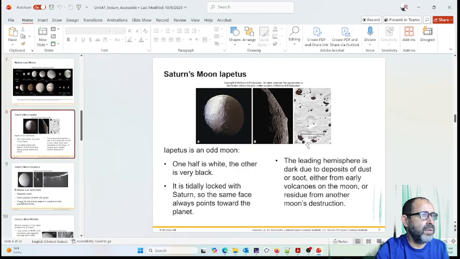Some specific moons here, like Iapetus, have features such that on one side it's white and on the other side it's very dark. It's also tidally locked to its host planet, namely Saturn, and its dark side is probably from soot and deposits, or volcanic activity it had in the past, or some other deposits.